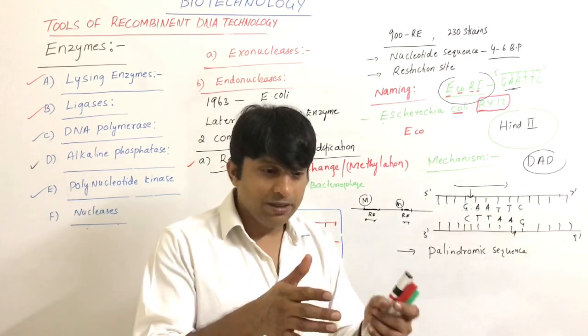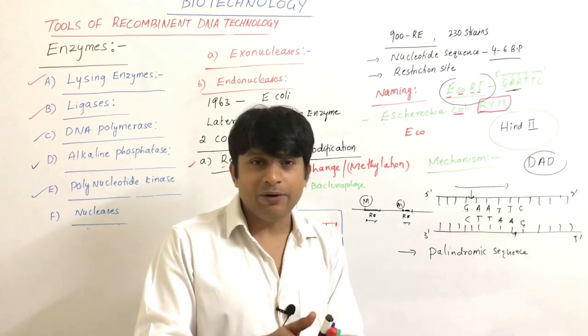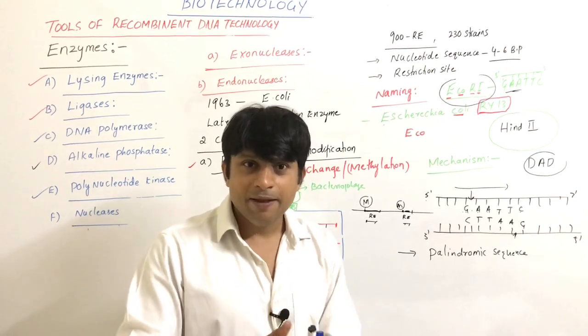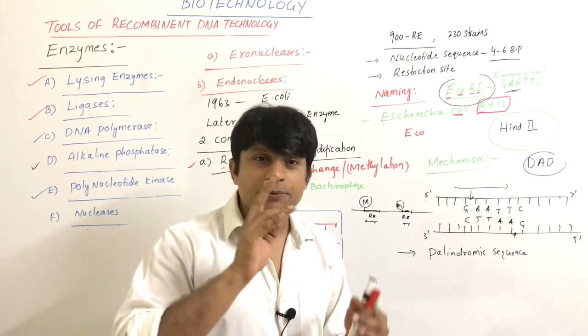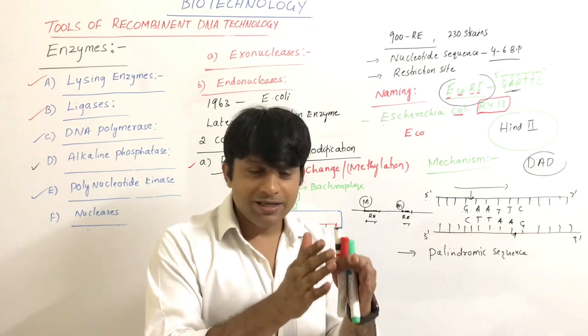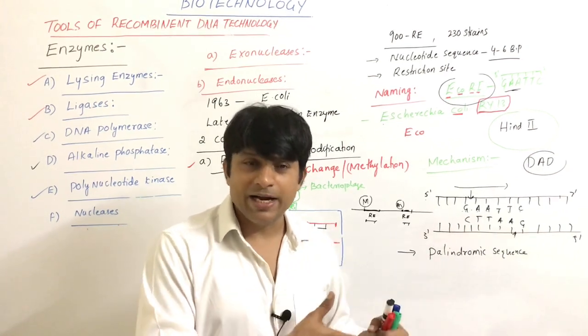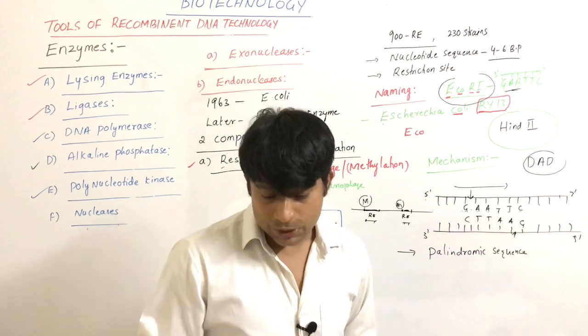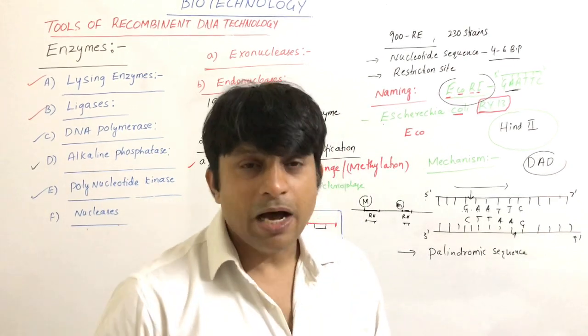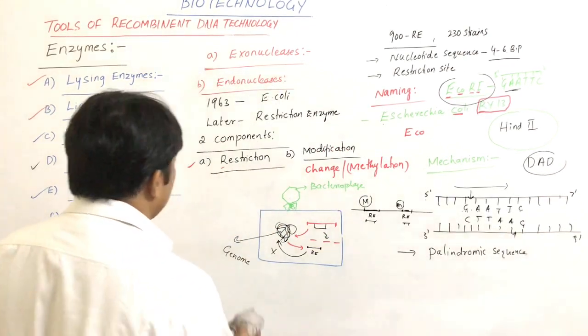So the restriction endonucleases will cleave the DNA by making 2 types of cuts. One is called sticky end cut, the second is called blunt end cut. So let us find out how these sticky end and blunt end cuts are made.